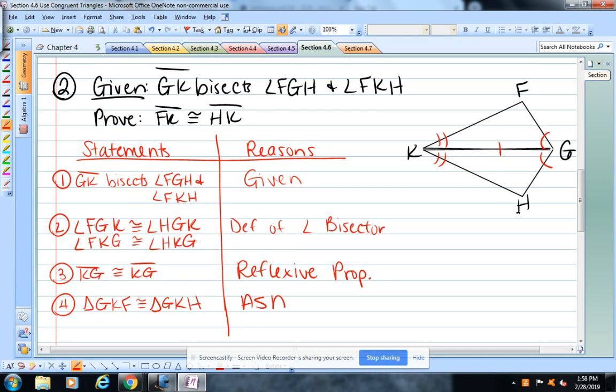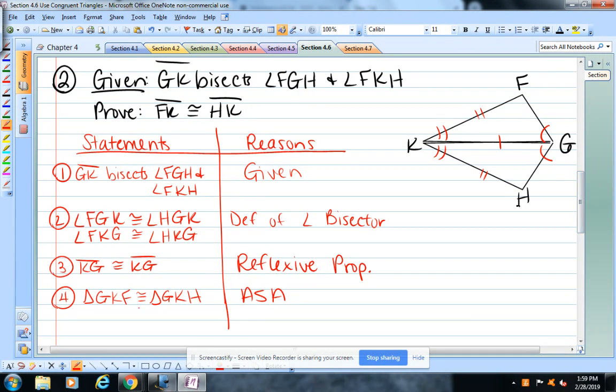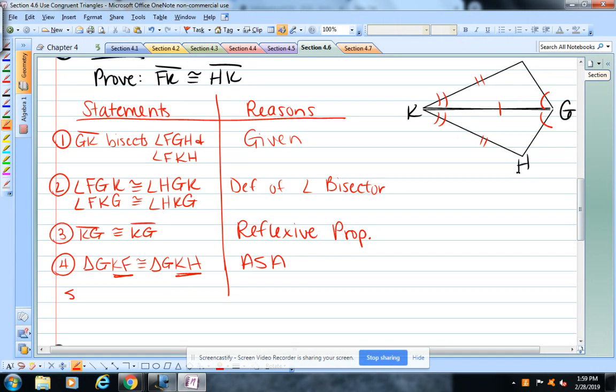Angle, side, angle. And now I'm trying to prove that FK is congruent to KH, and now I can say they are because why? Right, because now I know the triangles are congruent and their corresponding parts, because look, KF is in the same location as KH, right? So now I can say those segments are congruent.